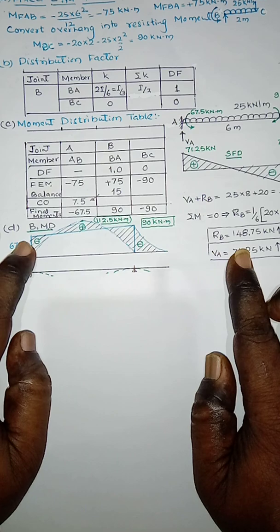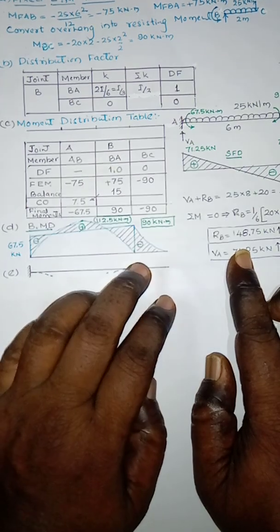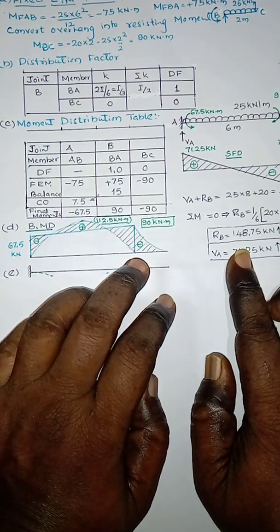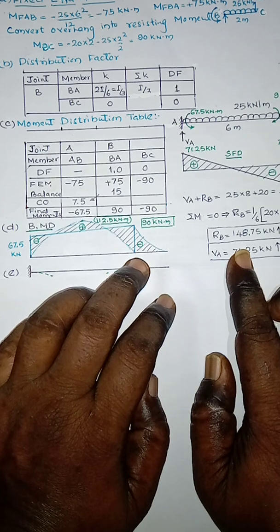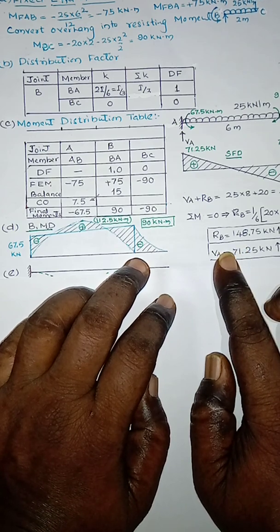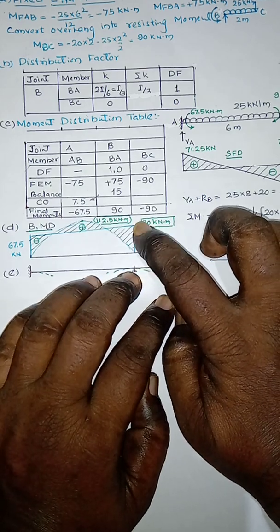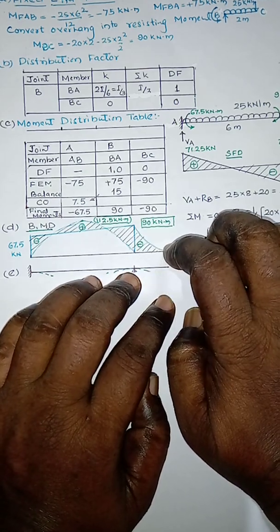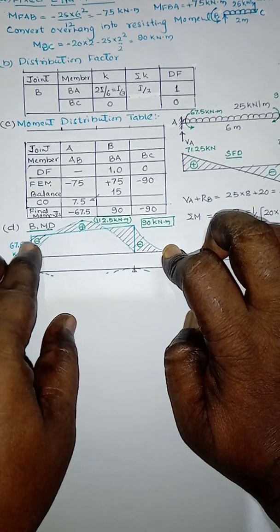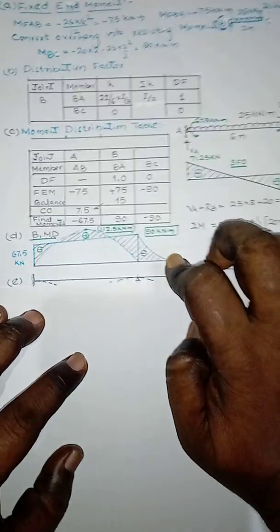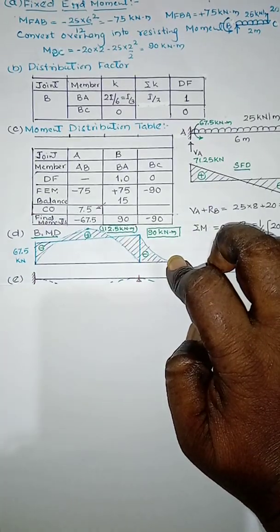At support B, both are hogging moments, so at B it is 90 kilonewton meter, which we have also shown upward with respect to the reference line. Then join this end and this end to get the support moment diagram.